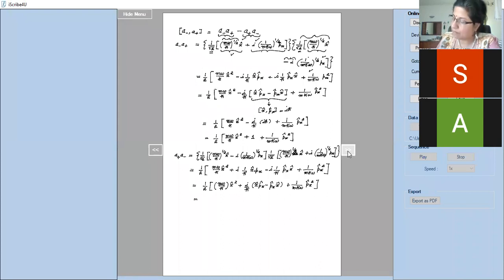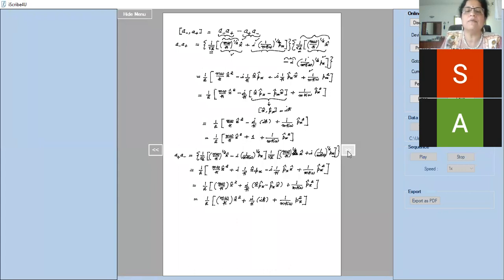So now again we use the commutator relation, x px minus px x is nothing but i h cross. So we get half, we get m omega by h cross x square plus i by h cross into i h cross, plus 1 upon m h cross omega px square.